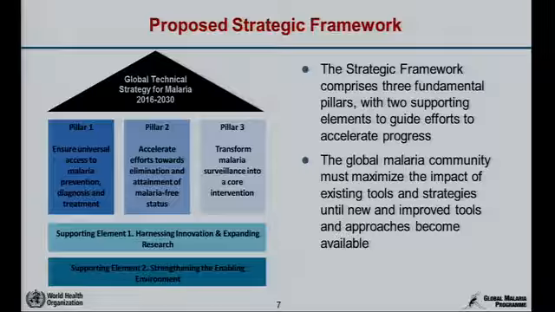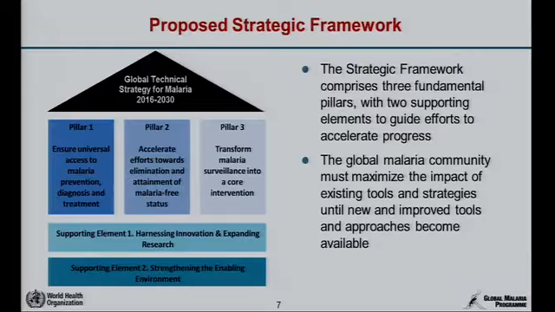The second pillar speaks on the capacity for countries and regions and communities to decide how they want to accelerate towards elimination and the attainment of a malaria-free status. And the third pillar raises malaria surveillance to the concept of a core intervention for malaria control and elimination.